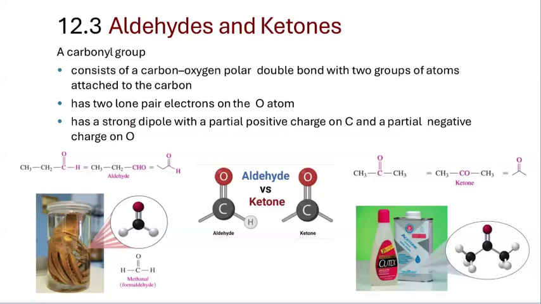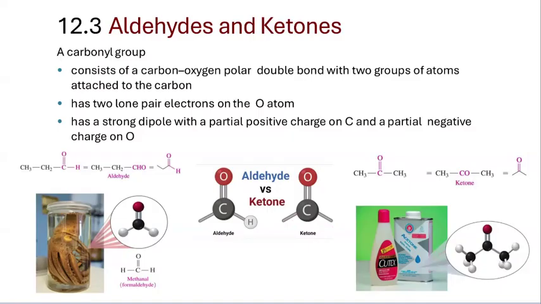The structural difference between these molecules is that in aldehydes, the carbonyl group is connected to a hydrogen, while in ketones, the carbonyl group is connected on either side to carbon chains.